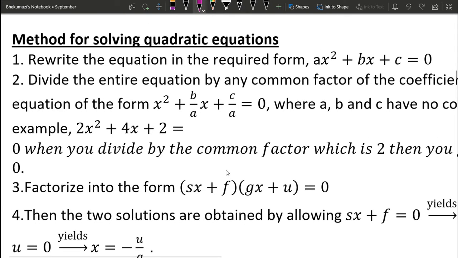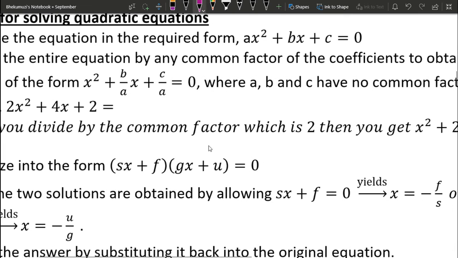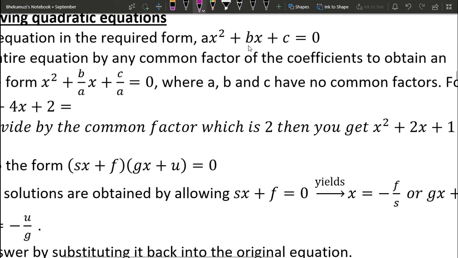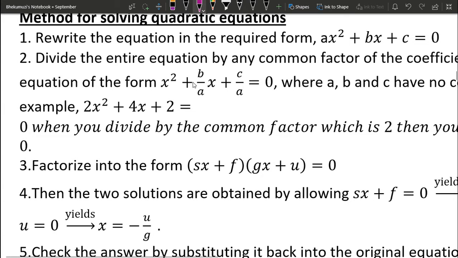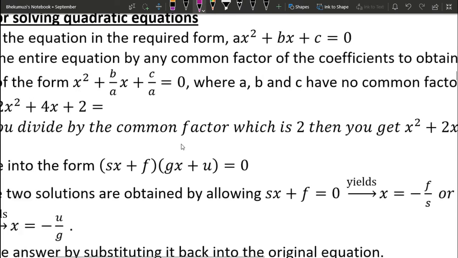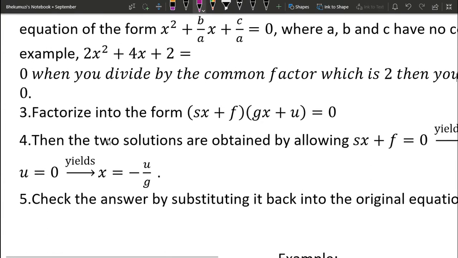Now, we move on to the method for solving quadratic equations. In quadratic equations, you must rewrite the equation into the standard form, where you have x squared plus an x and plus a c, right? Then make sure that you get it into the simplest form possible, and then you can factorize.